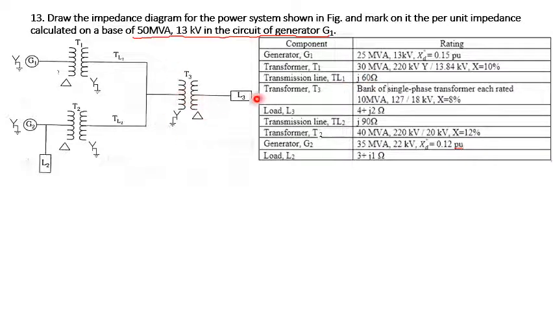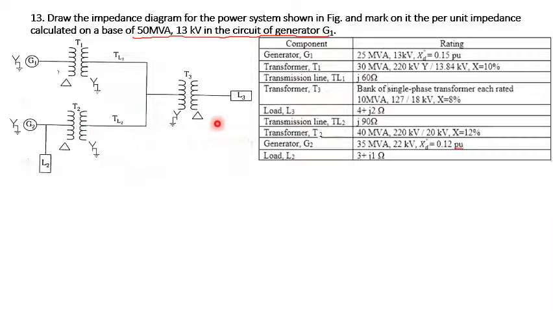T3 is a bank of single phase transformers having the rating of 10 MVA, 127 kV for star and 18 kV for the delta side, reactance of 8%. Load L3, so this is a different load. Earlier we did not consider that, so that's why I have chosen this numerical. It has 4 plus J2 ohm.